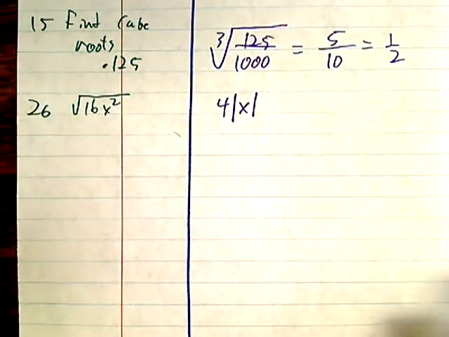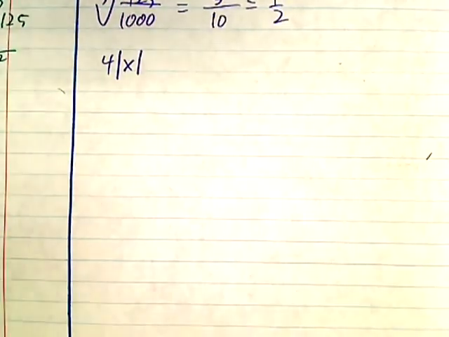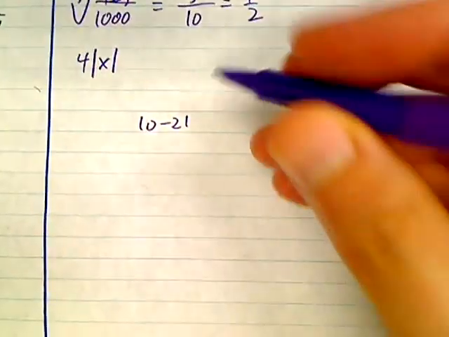What I want you to do, first do your 3 questions. And what I want you to do for your homework, let's see, first we'll have 10 through 21, but no repeats. We already did 13 and 15, so no repeats.